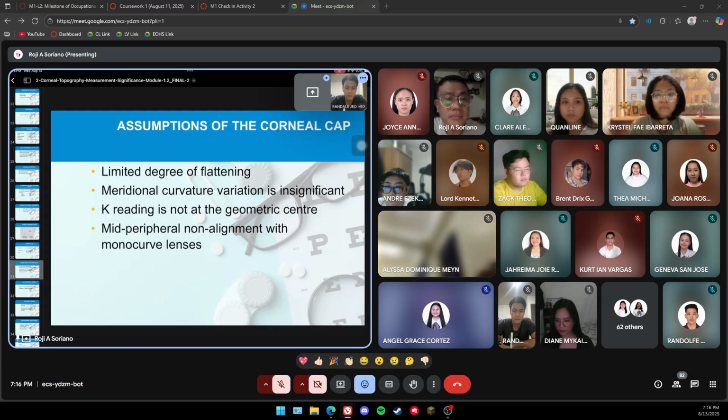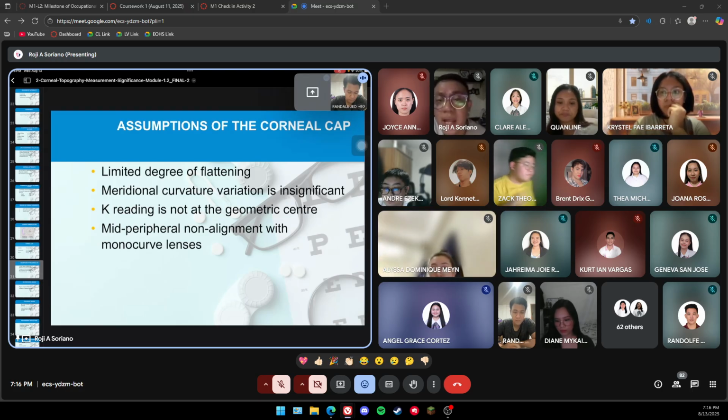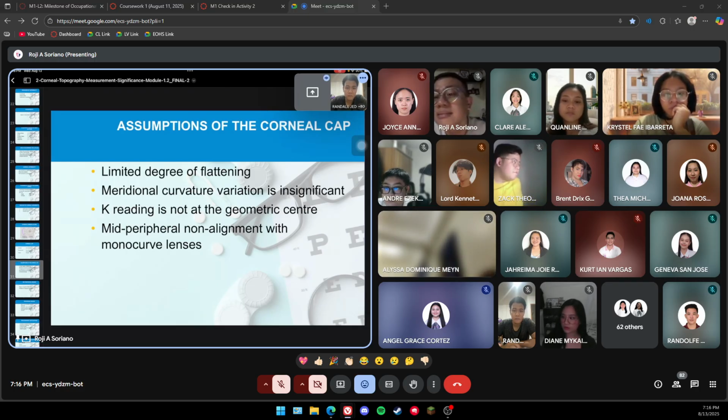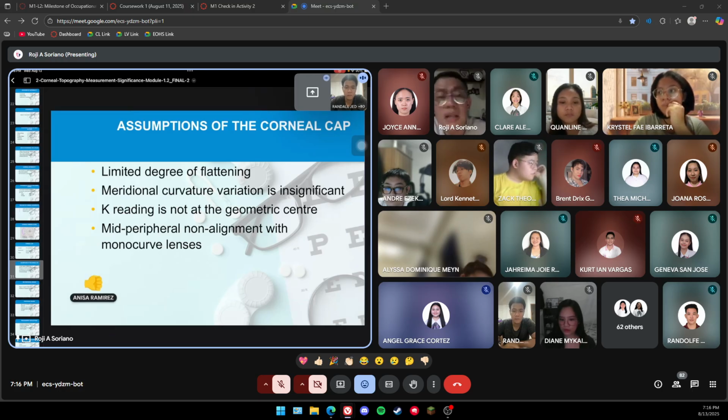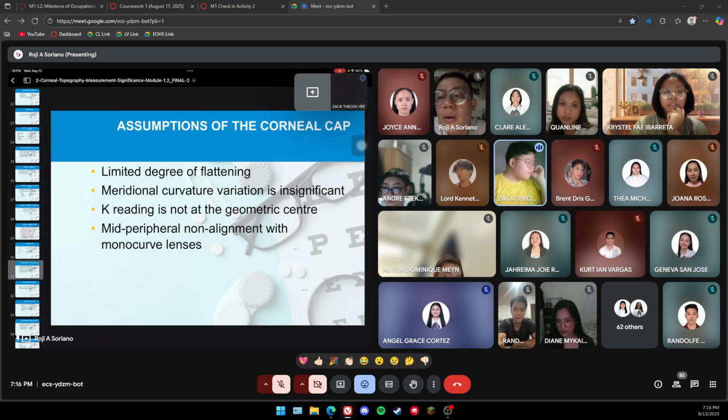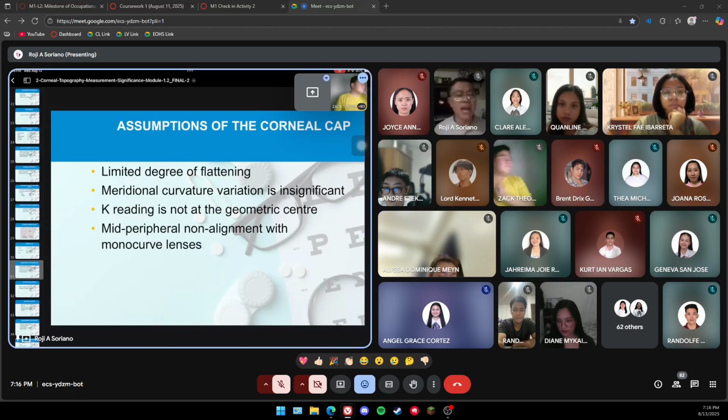Why did I say it's not going to be aligned with a monocurve? Because with a monocurve, you are saying if my cornea is a circle, then I go for monocurve. But my cornea is never a circle, correct? Because it flattens where? At the periphery. Very good.